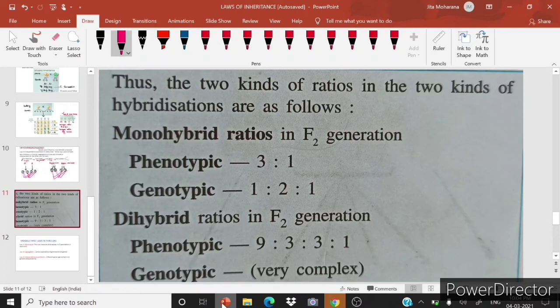And for dihybrid ratios in the F2 generation, the phenotypic ratio is 9:3:3:1, whereas the genotypic is very complex. You will face it in your higher classes. So remember the ratios in the F2 generation for monohybrid and dihybrid crosses, both phenotypic and genotypic.